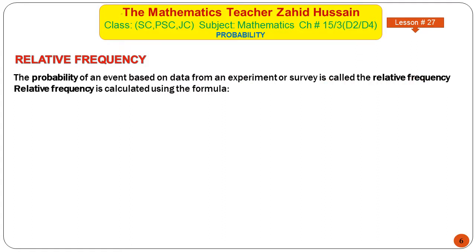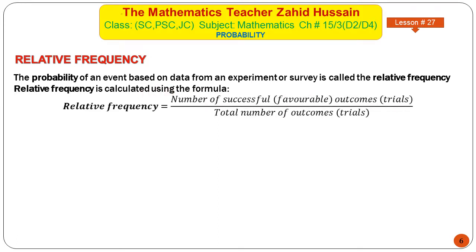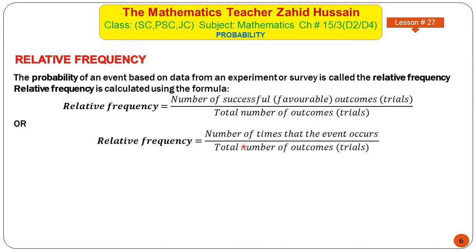Relative frequency is calculated using the formula: relative frequency is equal to the number of successful or favorable outcomes over the total number of outcomes or trials. The number of times an experiment is repeated is called a trial. So relative frequency is equal to the number of times the event occurs over the total number of trials.